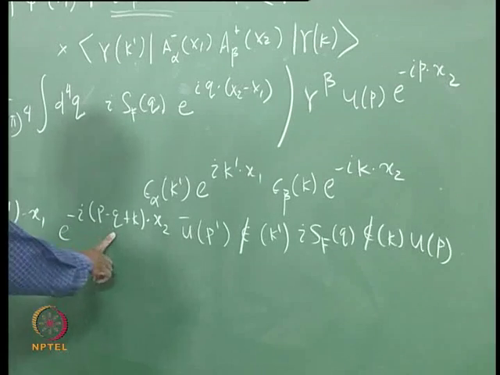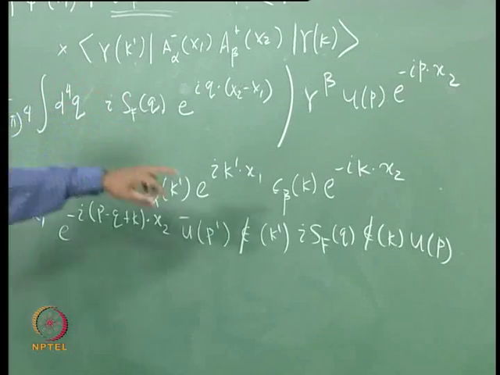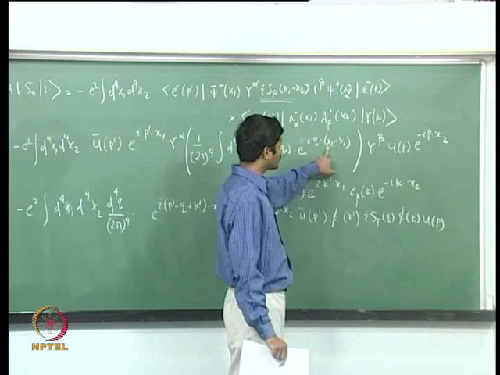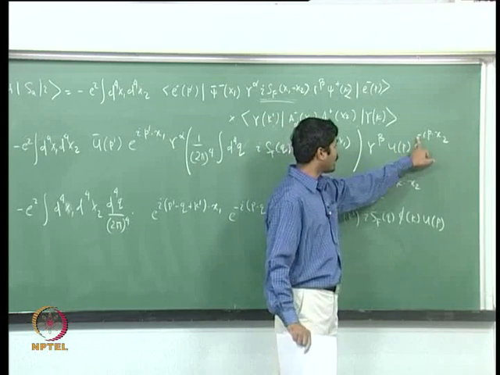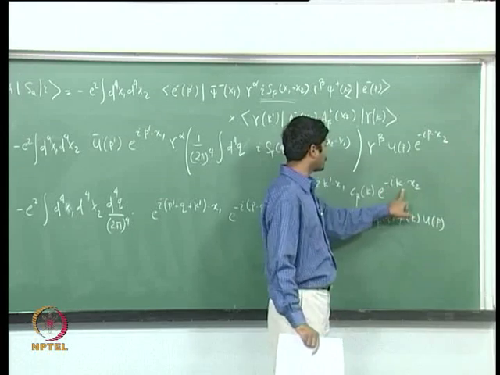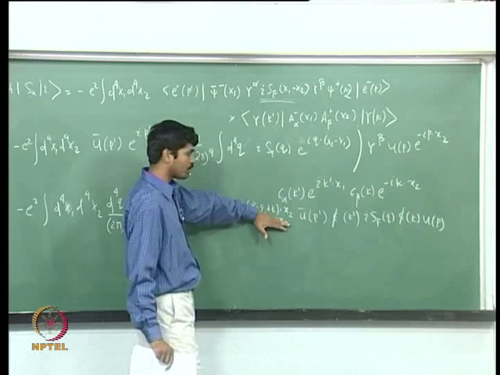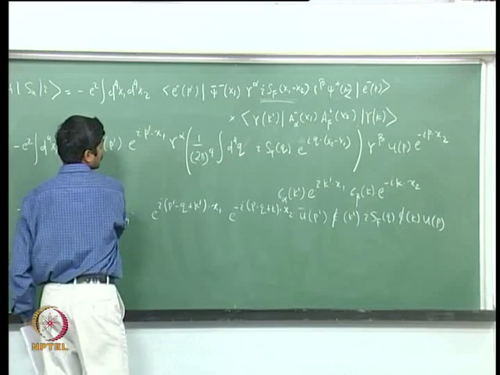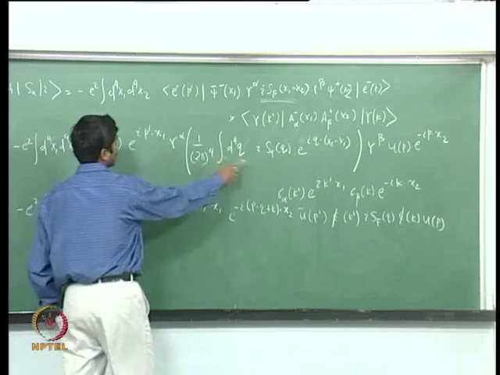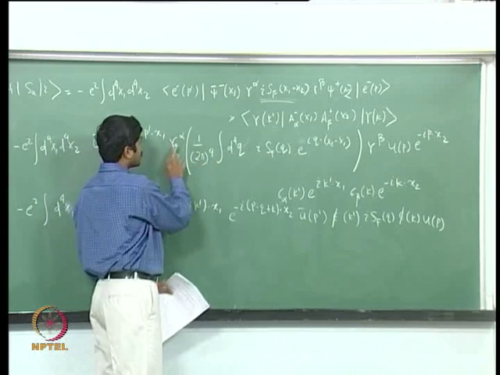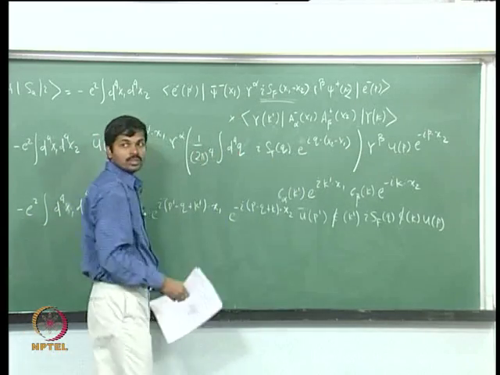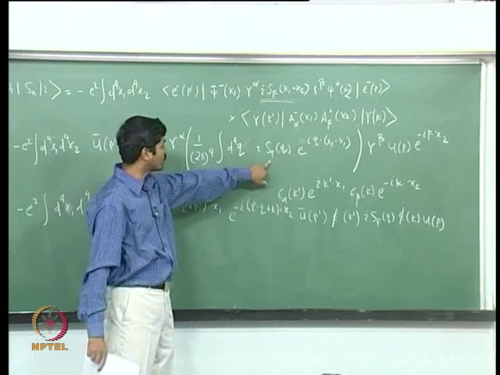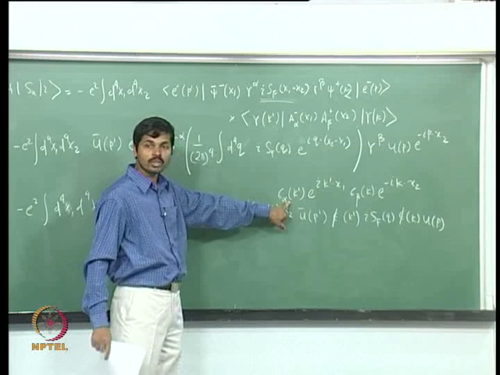Whereas in the second term, if I just look at the x2s, I have e to the power i q dot x2, minus i p dot x2 and minus i k dot x2. That when I put together I get here, and I took the q integration outside. Remember this S_F is an operator which is inserted between gamma alpha and gamma beta, so I do not have the freedom of moving it anywhere else. But these epsilon alphas are numbers.